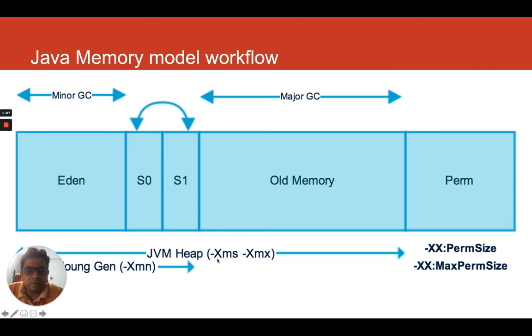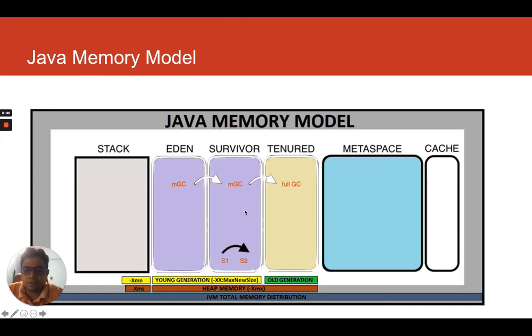Now these are the different parameters that you can set to configure the size, like JVM Xmx, then PermGen through XX, and young generation through Xmn. If you feel your class needs more memory, you can configure these things as per need. Now a typical Java memory model consists of stack, Eden, survivor, tenured, metaspace and cache.